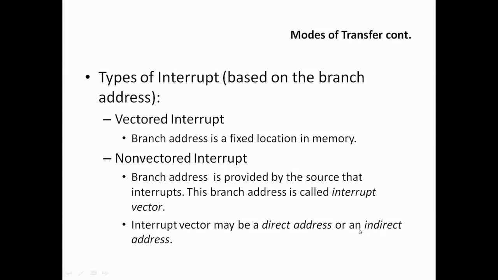Indirect means if you go to that 1000, at that location there will be the address of the service routine. Maybe there will be written 5000. So the actual address of the service routine is 5000. This is called indirect address.